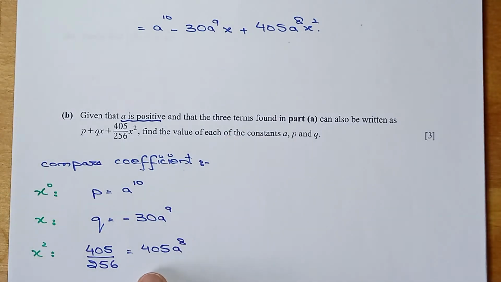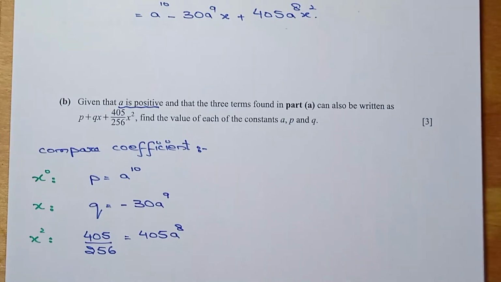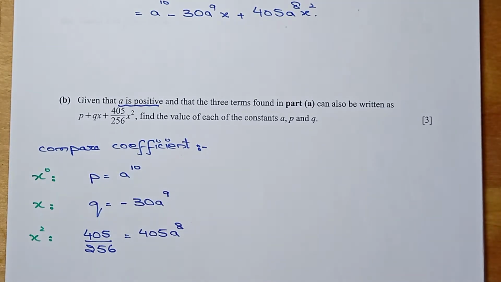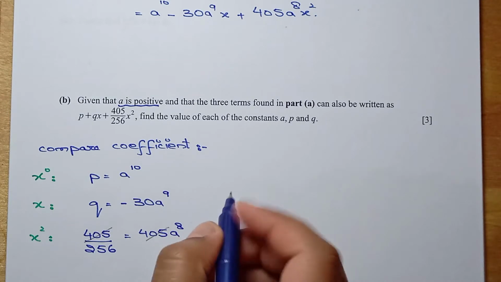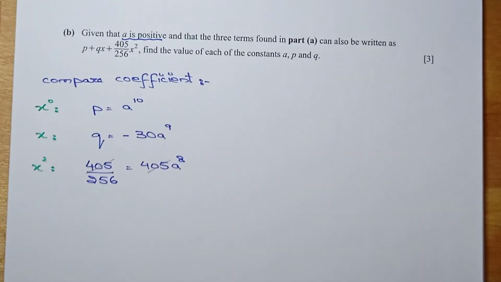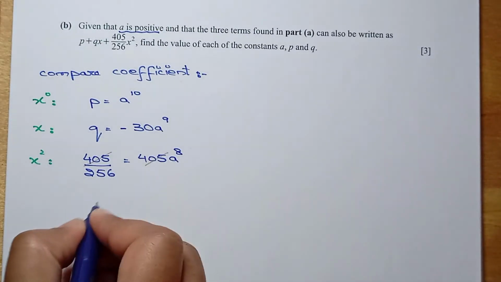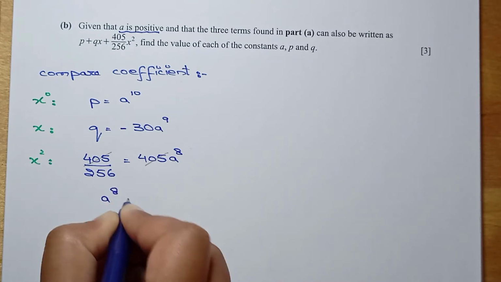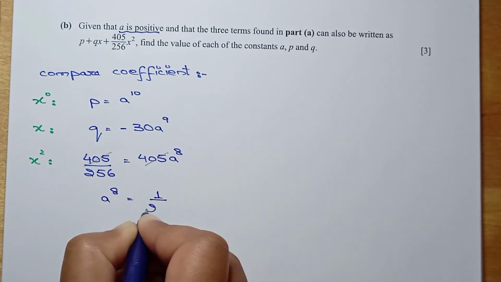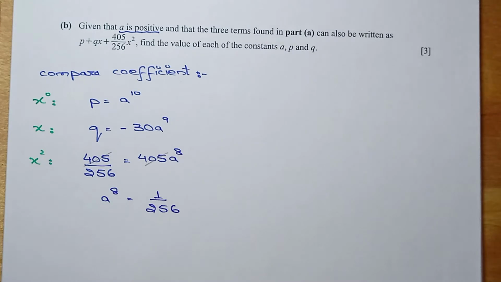So now from this third equation, we can easily find the value for a. We can cancel 405. So how can we find the a value? From here, a power 8 is basically 1 over 256, right?